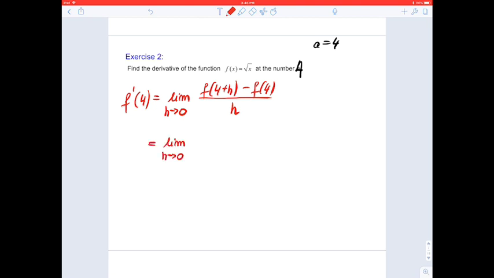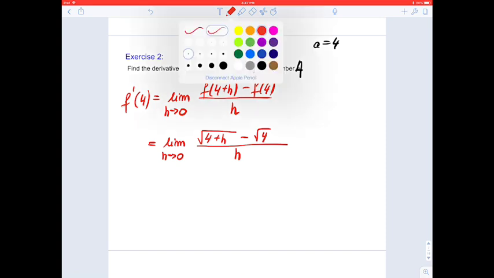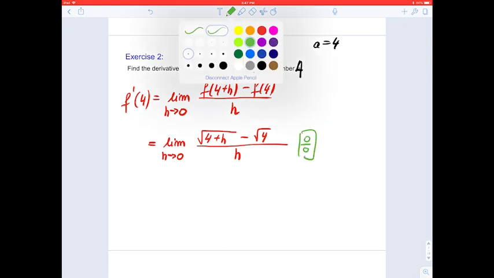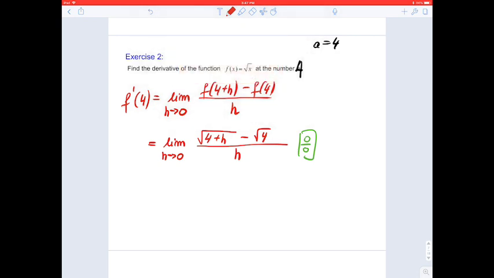Let's evaluate for our function. Limit as h goes to 0. Function is defined as a square root of x, but instead of x, I have to put 4 plus h, minus square root of 4, over h. And if I substitute instead of h 0 now, I'm getting 0 over 0. Of course, because that's the point of that limit. It's rise over run. 0 over 0 is the slope of the tangent line.